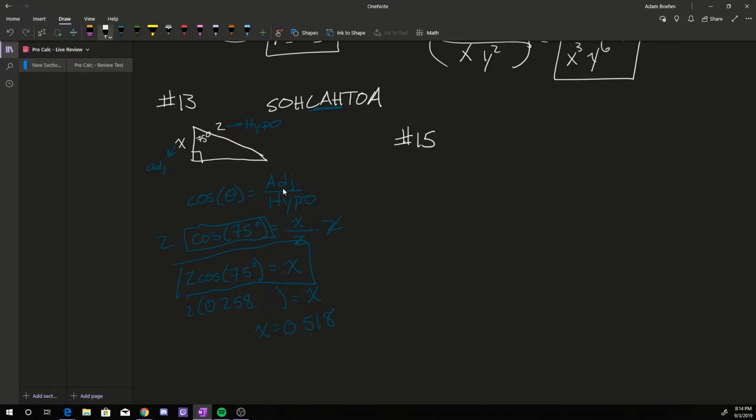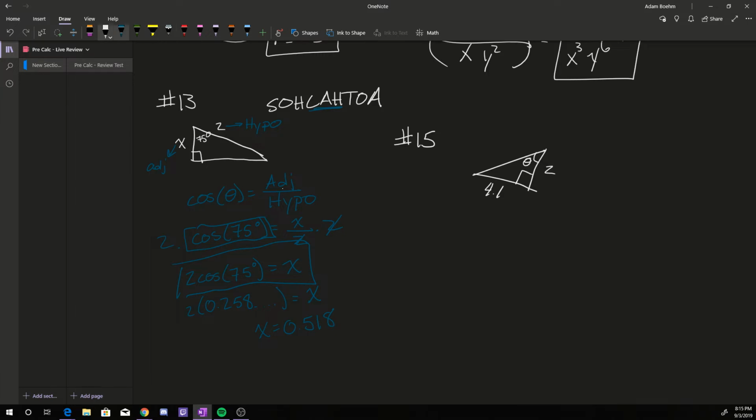Number 15 is kind of the same problem, except our unknown in this case is theta, and we're given every other side. So 15 gives you a triangle that looks like this. This side is 4.1, this side is 2, and this is the angle we're trying to find.